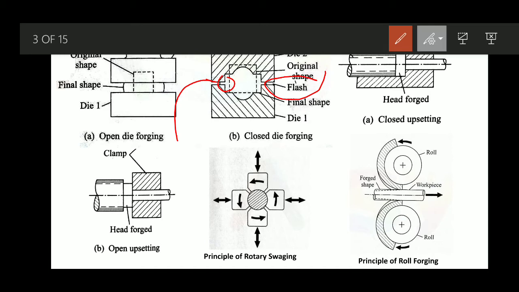To make sure that complete filling of the die cavity is happening, sometimes we use some extra metal, and that flash part we generally trim off. Sometimes in the design itself we use the word flash. That is the portion where the extra material will flow.